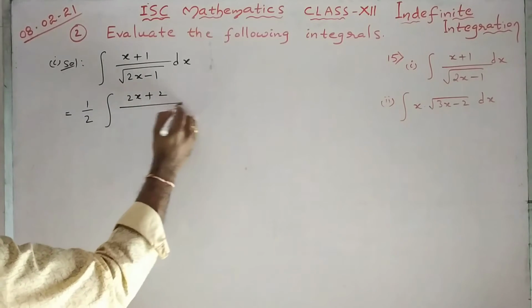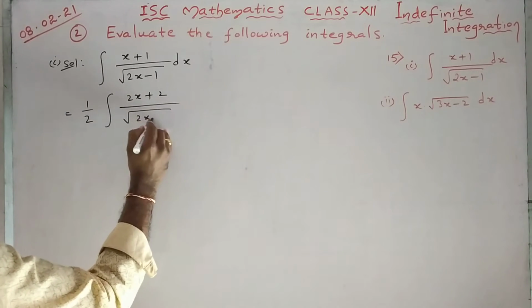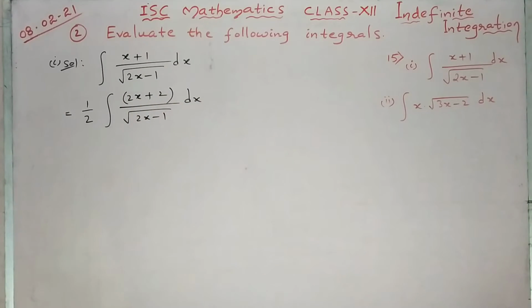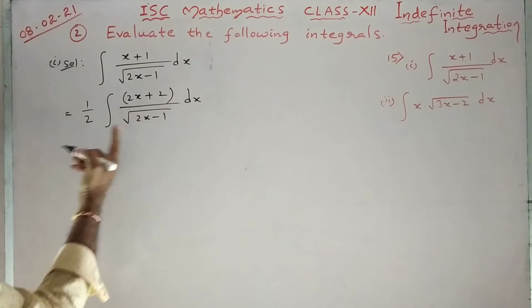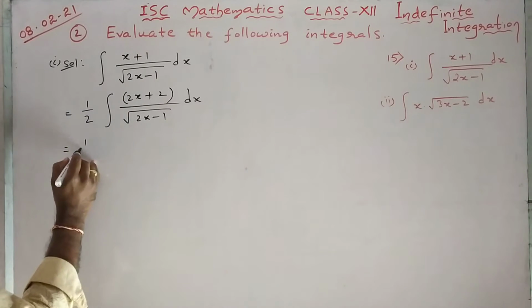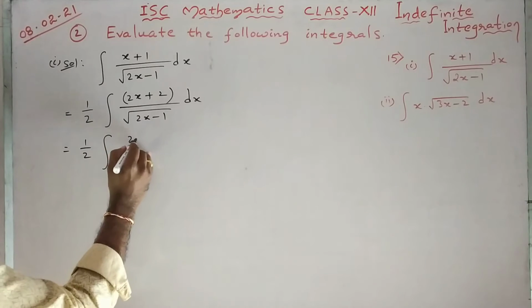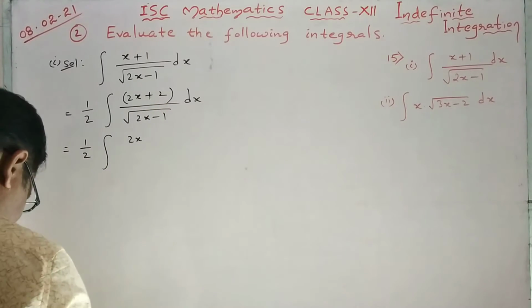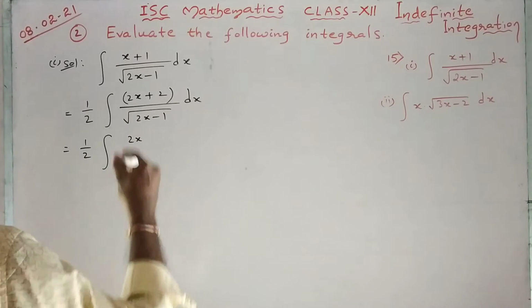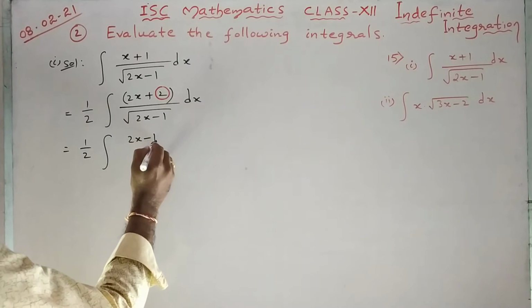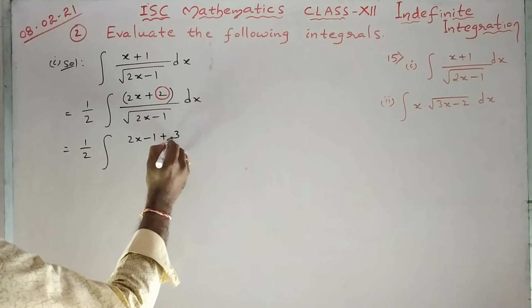Can I do this? Since the coefficient of x in the denominator is 2, multiply and divide with 2. So you can understand, this 2x plus 2 I am writing as 2x minus 1 plus 3.